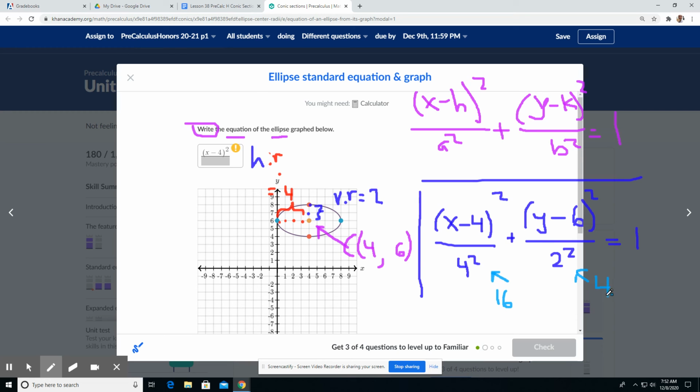That's a 4, so we'll use that. 16 plus y minus 6, quantity squared, equals 1. All right, I just want to confirm everything looks like it should.